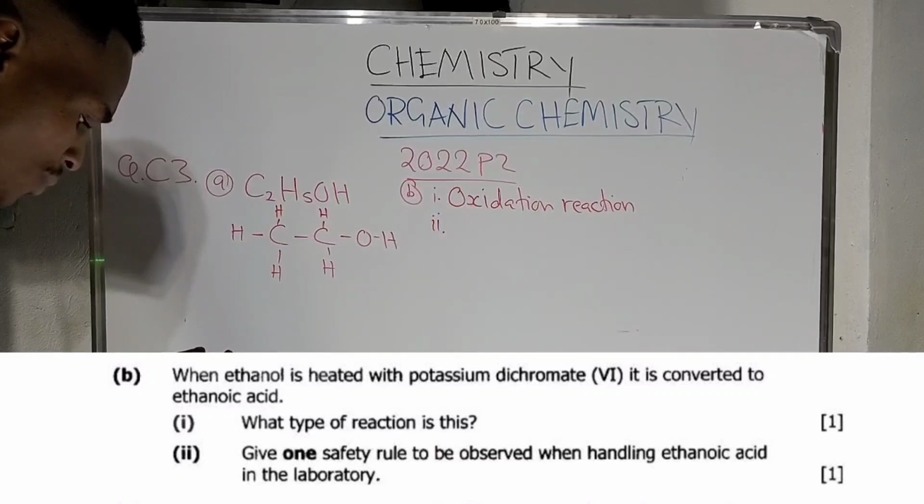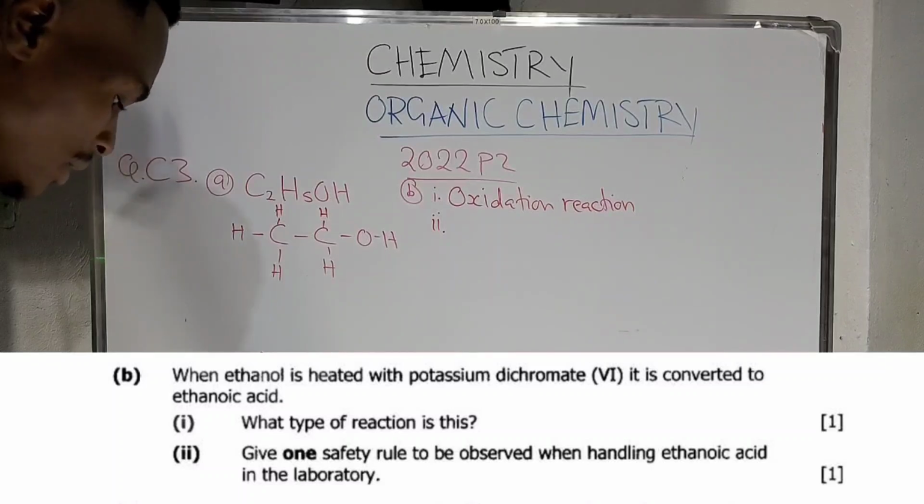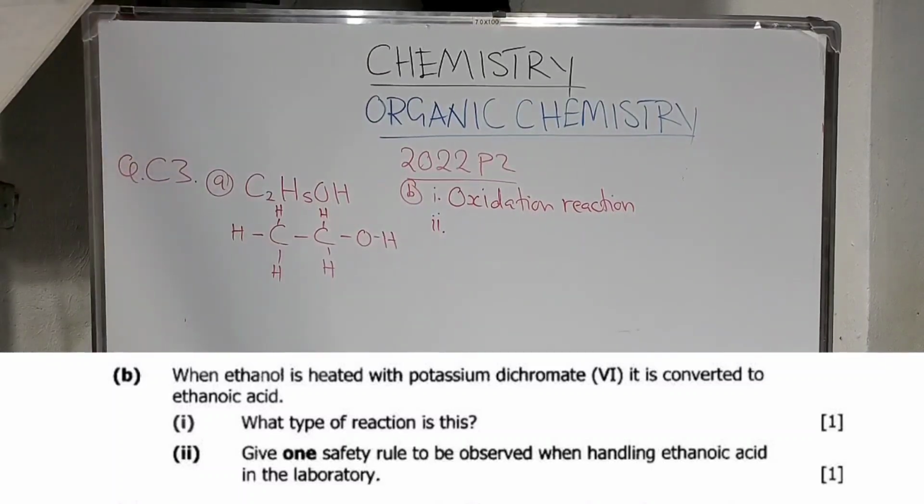Number 2, B2: give one safety rule to be observed when handling ethanoic acid in the lab.